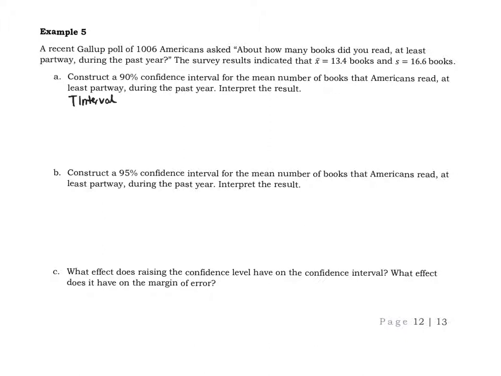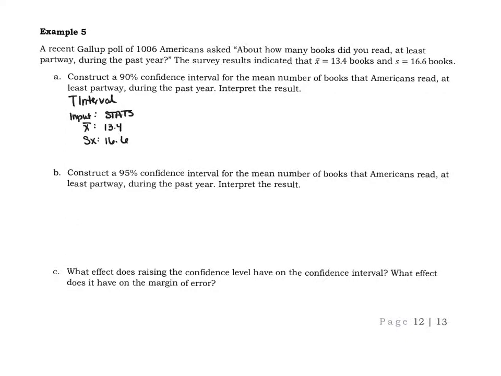we want to use stats this time, because we already have the summary. So go ahead and hit stats. Then you're going to get an input there for X bar. That would be the 13.4. The standard deviation is going to be the 16.6.